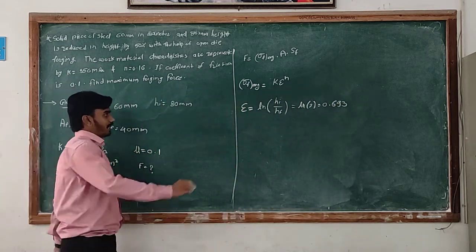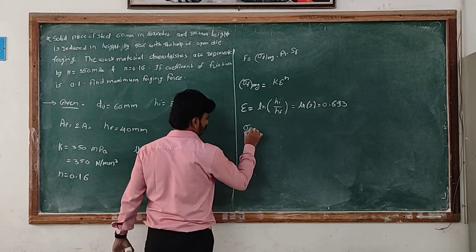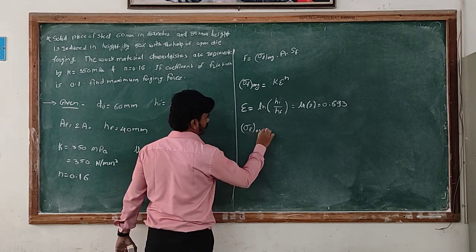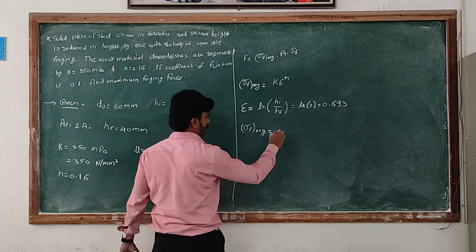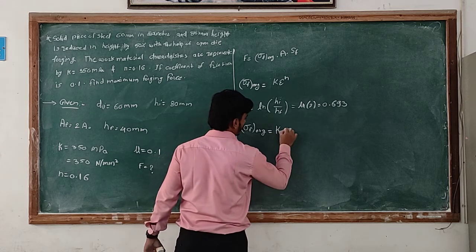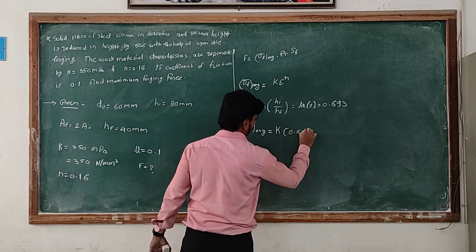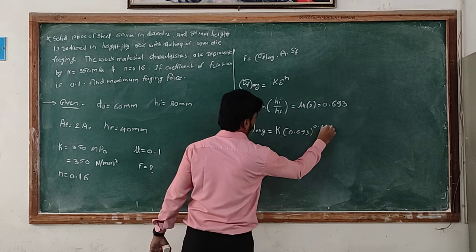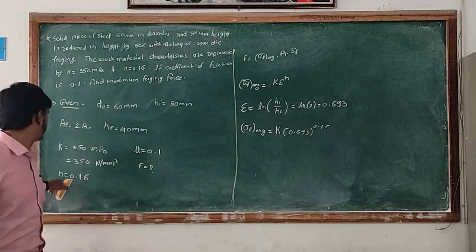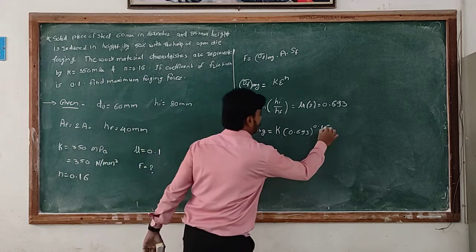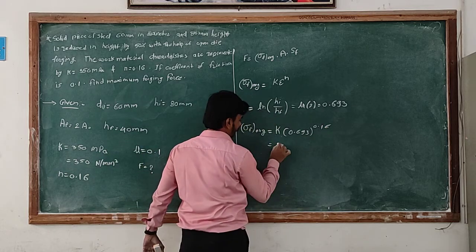Now we will calculate sigma f average. Sigma f average is equal to K into 0.693 raised to n, where n is given as 0.16. What is the value of K?